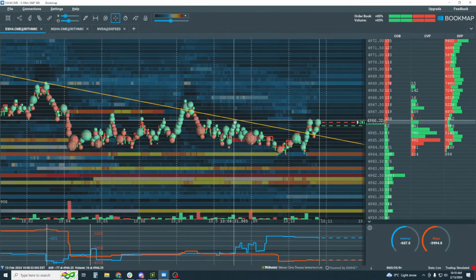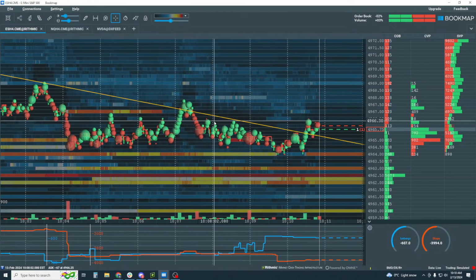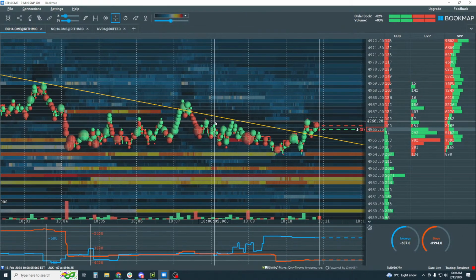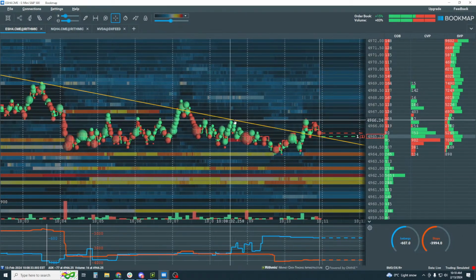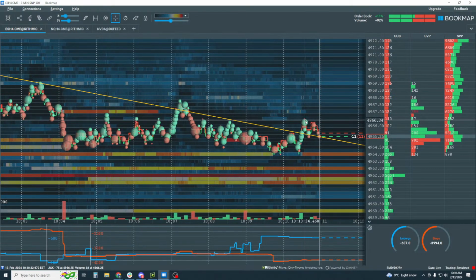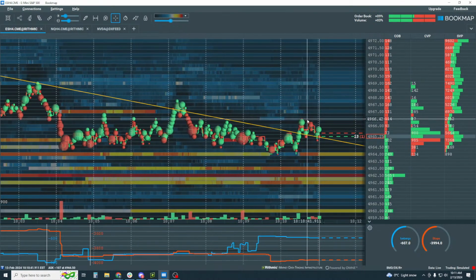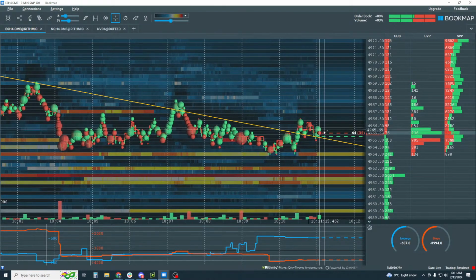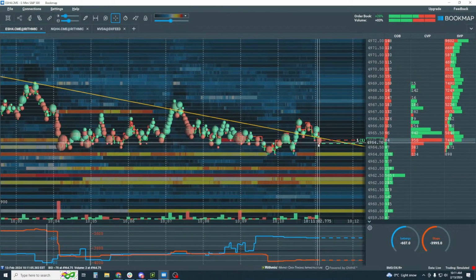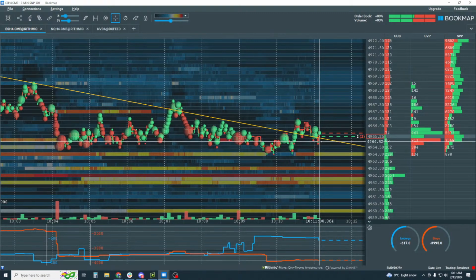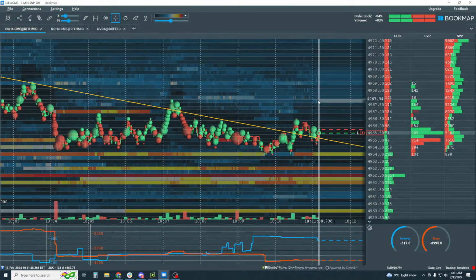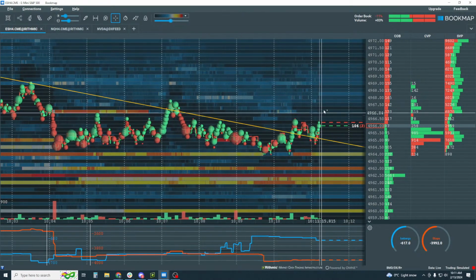Okay, well, we still haven't really broken this structure yet. Even this smaller time frame structure right here at 66, where my cursor is, this white line going across here. Okay, so still looking. We're not out of the woods yet. But all right, looking for our sellers right here around this 64 3/4. No, nothing.